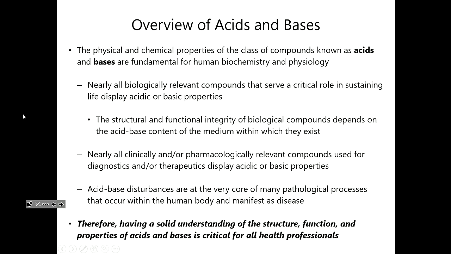Okay? So if there are alterations in how much acid or base is present in those bodily fluids that bathe everything that exists within the human body, that can lead to enormous dysfunctions and malfunctions, and then everything goes south after that. Okay?